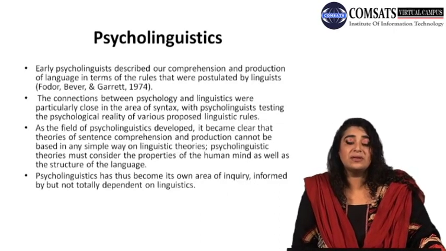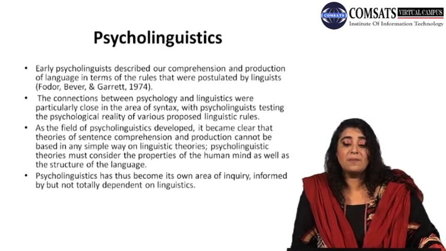Now, early psycholinguists described our comprehension and production of language in terms of the rules that were postulated by linguists. Fodor, Bever, and Garrett, 1974, is a reference for that.